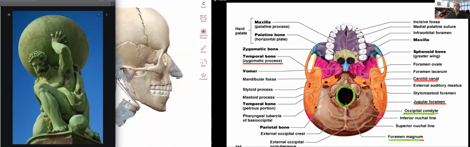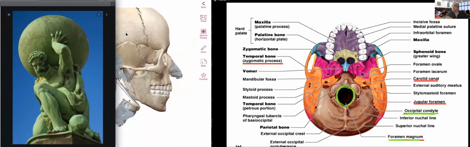Like the book, it holds the earth in the form of maps. That's why we call it Atlas. Here, the first cervical vertebra is holding your skull up. It looks like the Atlas, the god that holds the earth on his back.